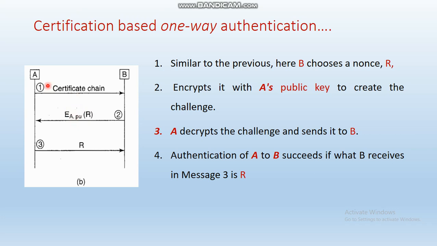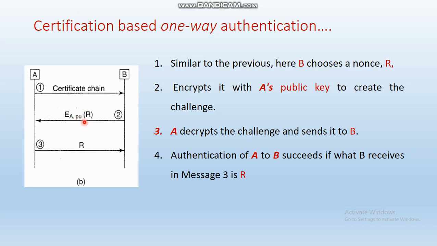So party A is going to send a digital certificate to party B. In the digital certificate, as you know, there will be the public key information of party A. Okay, so that is being sent to party B. Now party B is going to choose a random value, and the chosen random value is being encrypted using A's public key.